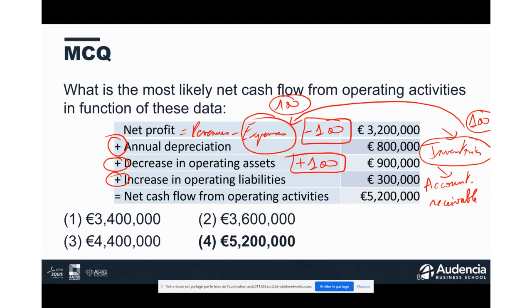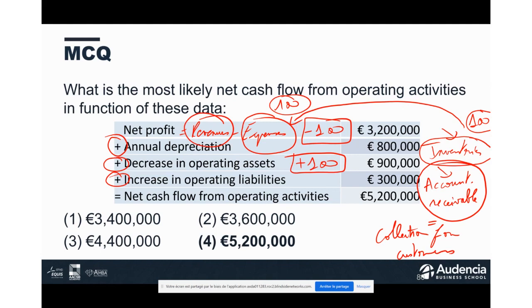When you decrease your accounts receivable, it means you collect the cash from the customers. So you have the collection from customers. So it's also plus. The sales revenue is already here, but at the same time, we reduce what is due by the customers.